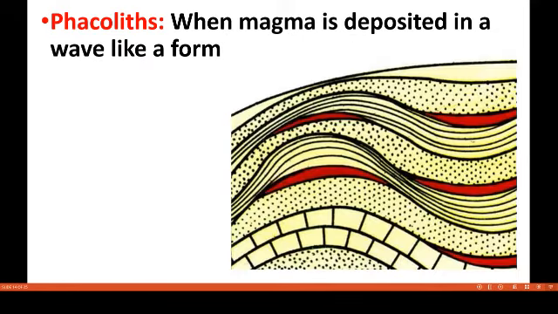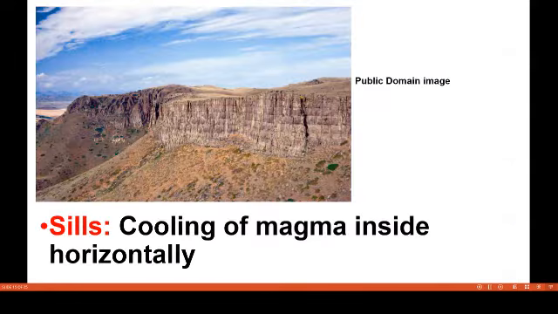Then we have pacholiths. When magma is deposited in a wave-like form, so you can find so many waves here. When magma looks like waves inside, such igneous rocks are called pacholiths. Then comes the sills.